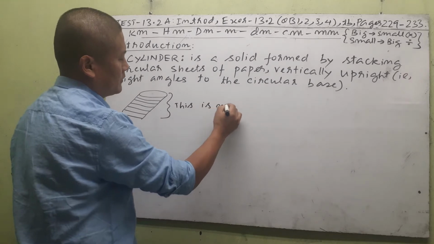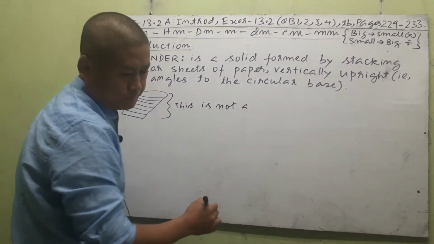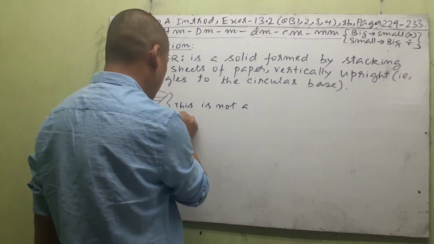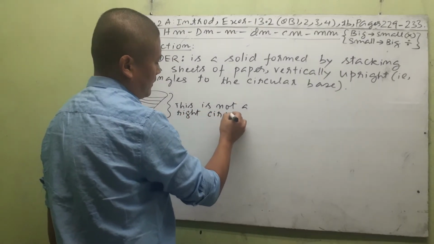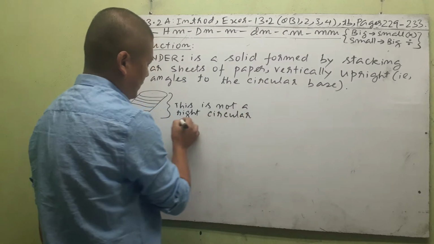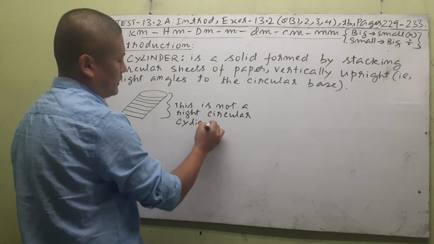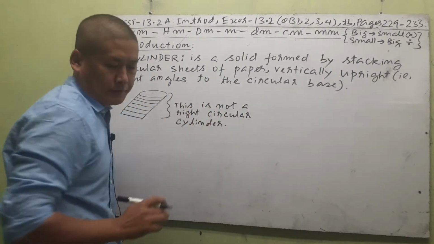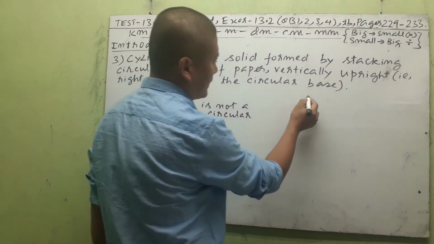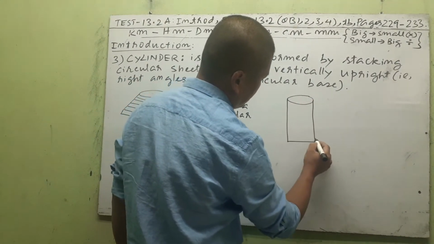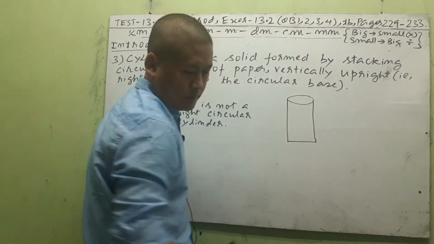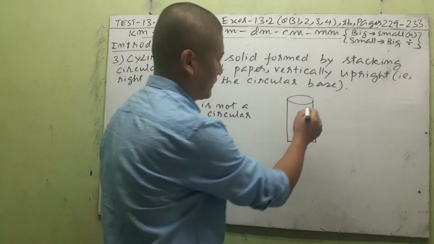You can draw the figure also. Then what is the right circular cylinder? It is when you place them one over the other exactly 90 degrees to the ground base, like this.